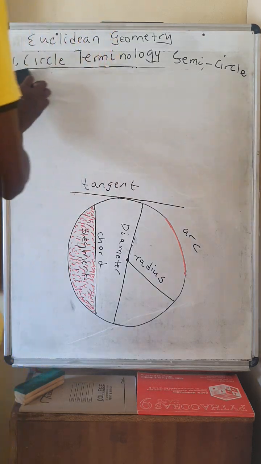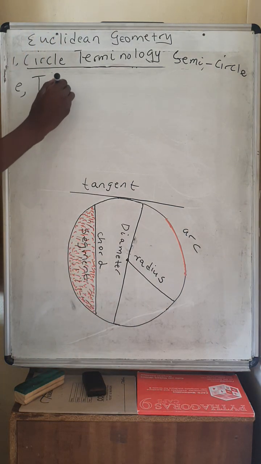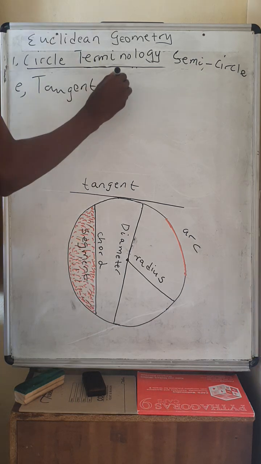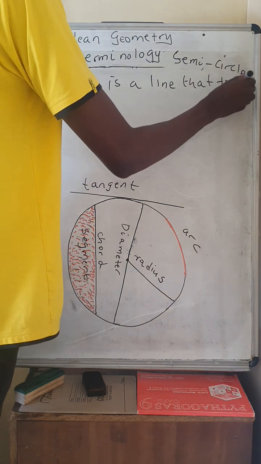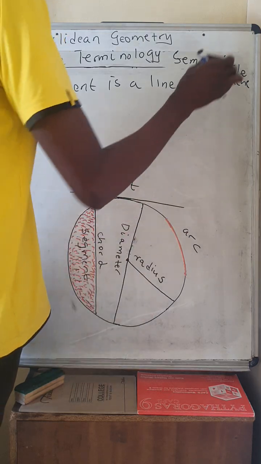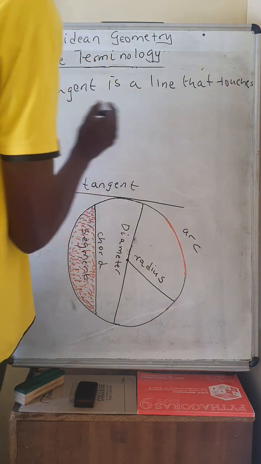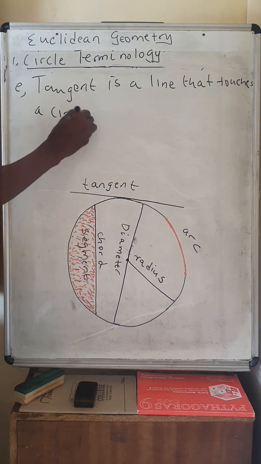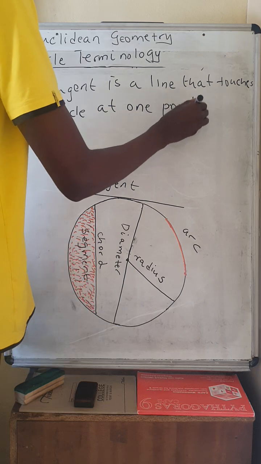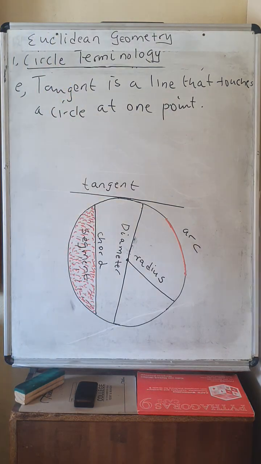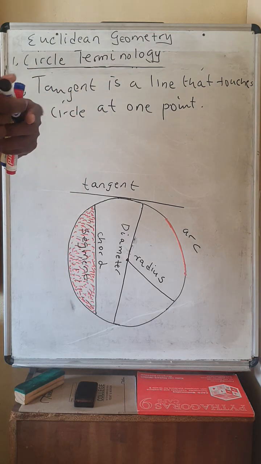By definition, a tangent is a line that touches a circle at one point. At one point. That is how we define a tangent. It's a line that touches a circle at one point.